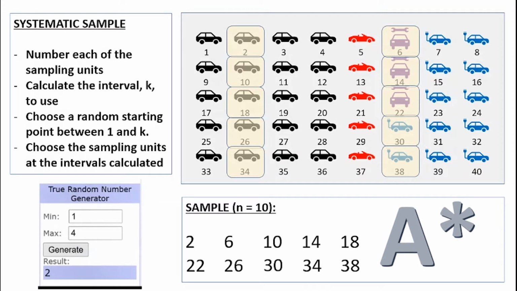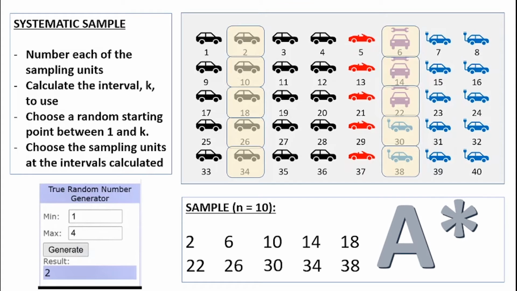The other issue comes from whether or not we've randomized the list before we started. Let's say that we had a register, a class register for all the people in the class. Once I choose somebody from the register whose surname begins with A, the next person in the register almost instantly knows they're not going to be selected because I'm going to jump an interval before I pick the next person.